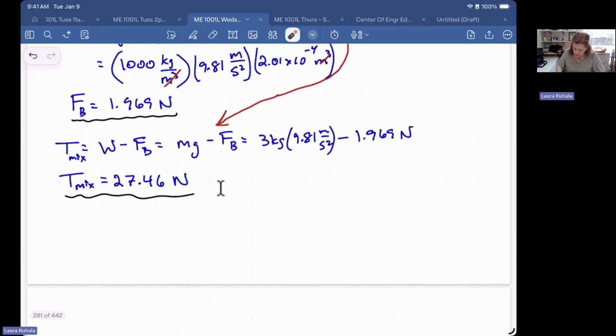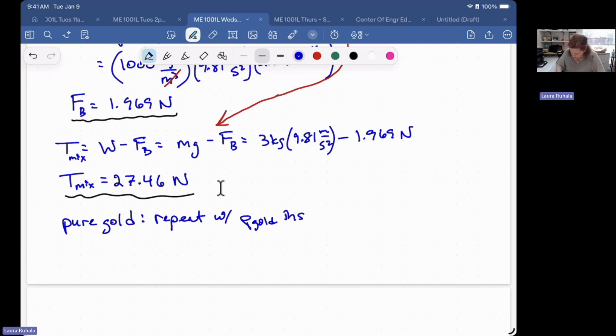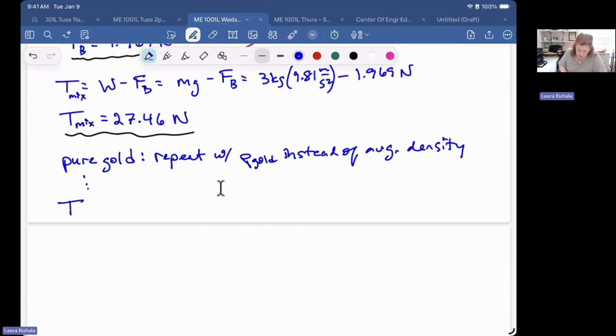If I repeated all of that with pure gold, with the density of the gold instead of the average density, I won't take us through these steps. Just trust me. What you get is that the tension, if it was all gold, is equal to 27.91 newtons.